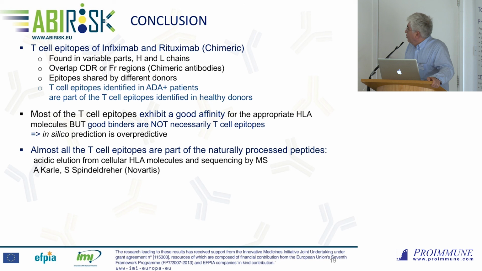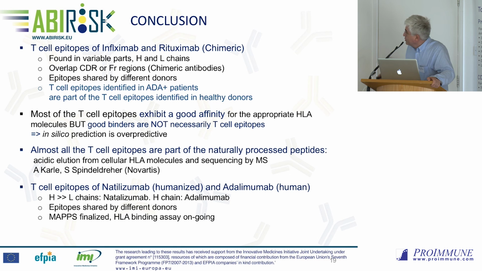Regarding the naturally processed peptides, again, we identified T-cell epitopes, and they are part of the naturally processed peptides, but there are also naturally processed peptides that do not elicit a response. And we are working now with natalizumab and adalimumab.